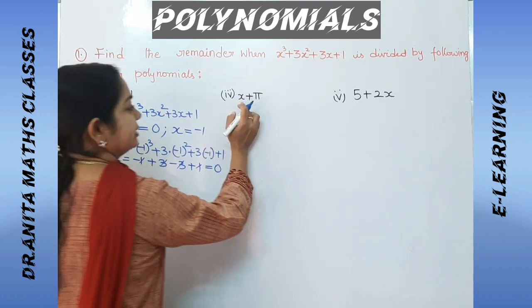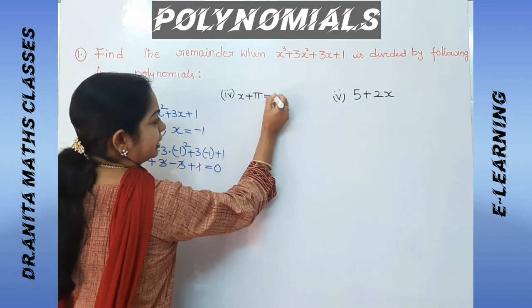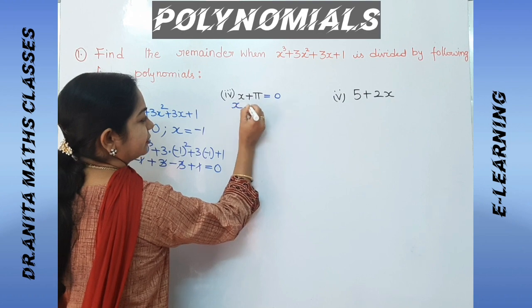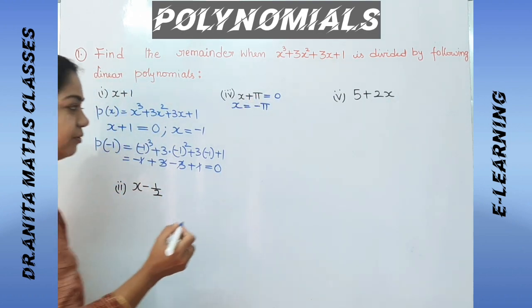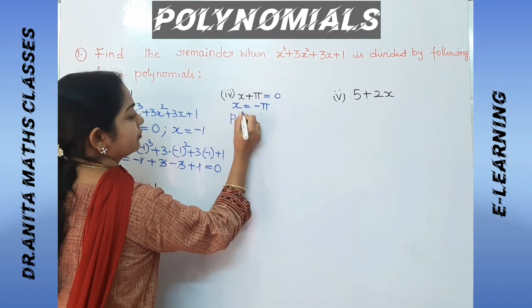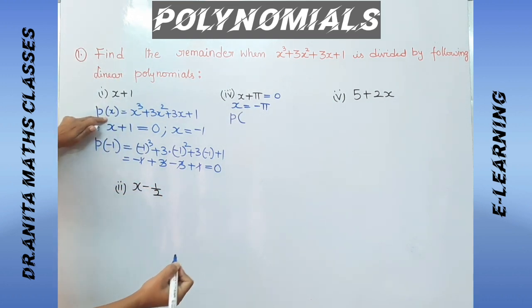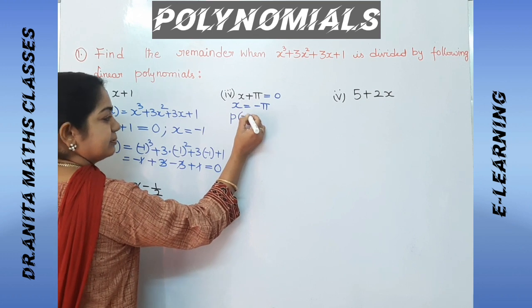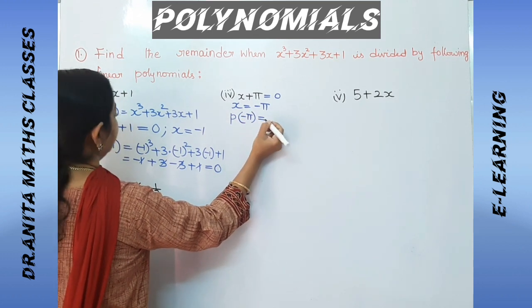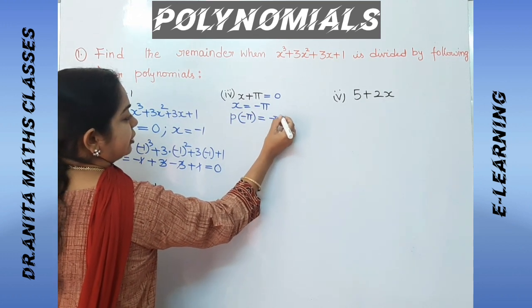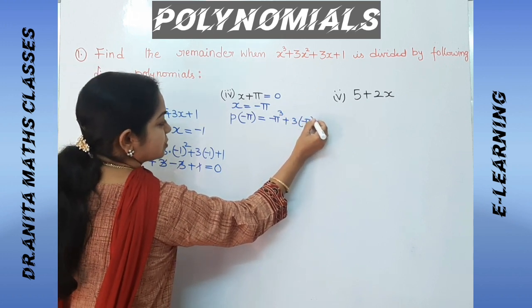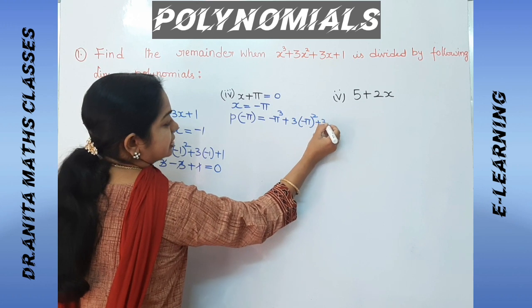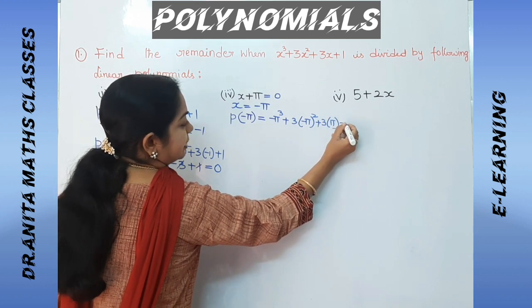Likewise, now take this one. We have to equate it to 0, so I have to substitute minus pi. X plus pi is the linear polynomial. In place of x in p of x, I have to substitute minus pi. Simply, minus pi whole cube plus 3 into minus pi whole square plus 3 into minus pi plus 1.